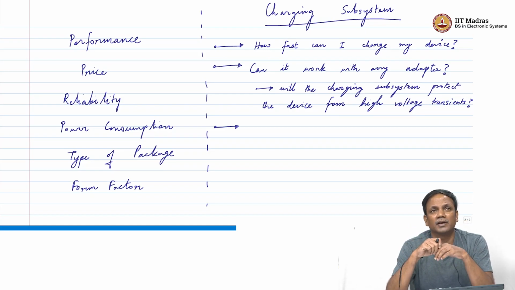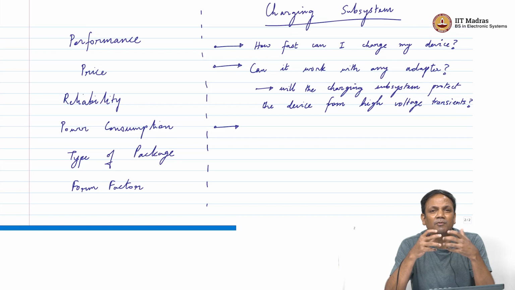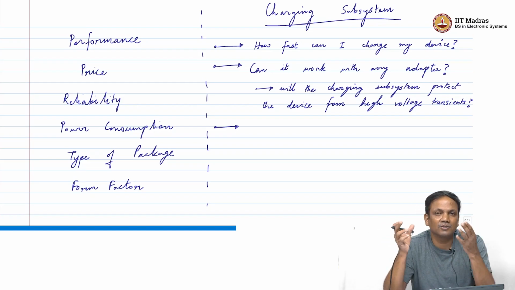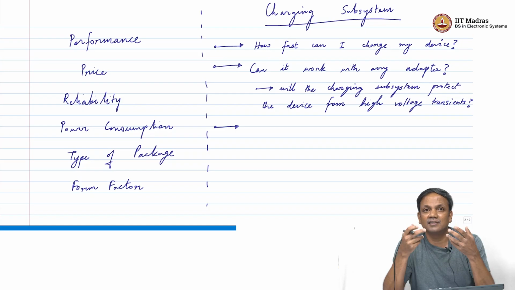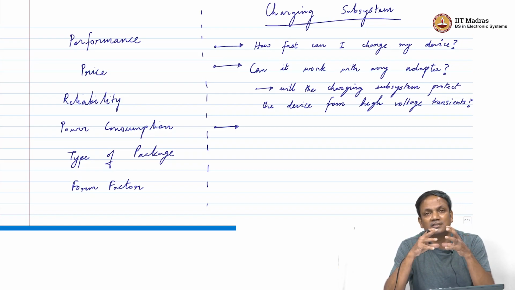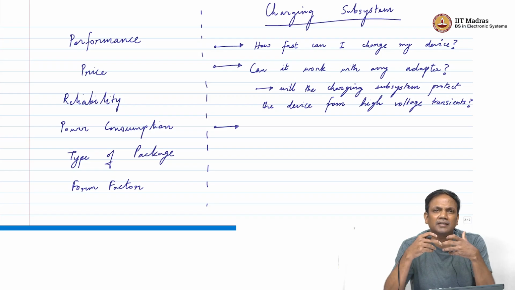So, if I translate that into an electrical statement: what if the battery is faulty? What if the battery is shorted? How does the charging subsystem deal with it? Because it shouldn't say, okay, that battery is shorted, and keep trying to charge it. It is just a waste of energy and there is the risk that something can happen. So, it is important for the charging subsystem to protect against faulty batteries.